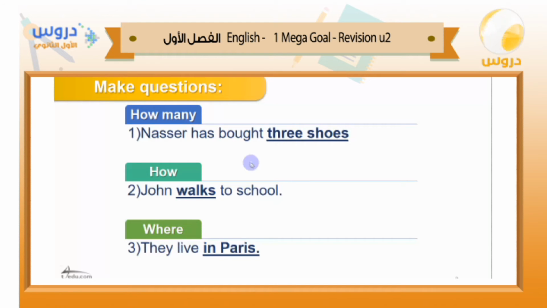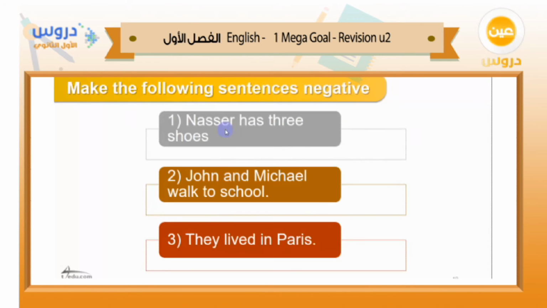So in the first sentence, you should use how many. In the second sentence, you should use how in the question. And in the third sentence, you should use where in the question. So don't forget to make the question for number 1 and number 2 and number 3. Nasser has 3 shoes. John and Michael walk to school and they live in Paris.